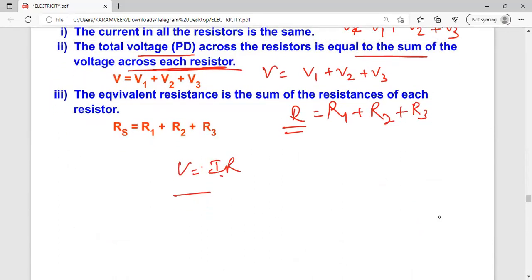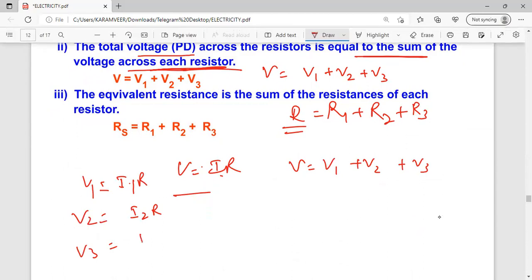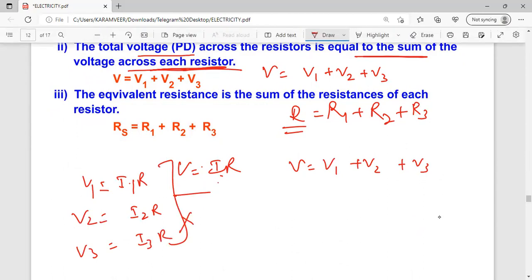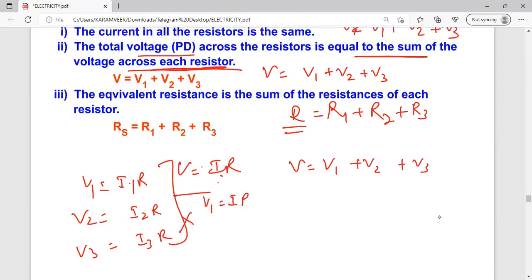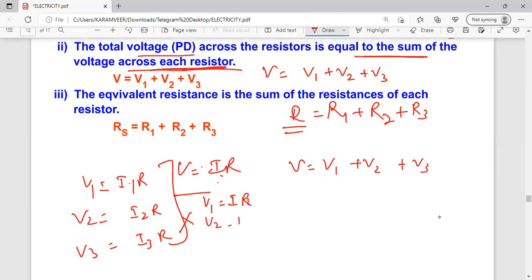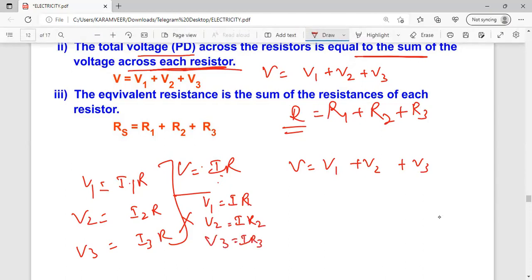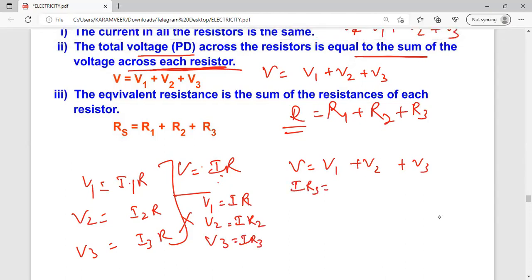See how it is done: V is equal to V1 plus V2 plus V3. V1 will be I1 into R, V2 will be I2 into R, V3 will be I3 into R. This is wrong. Here the current is the same, so V1 will be I into R1, V2 will be I into R2, V3 will be I into R3. So I into Rs is equal to I into R1 plus I into R2 plus I into R3.